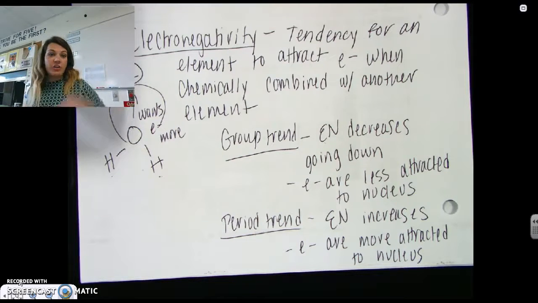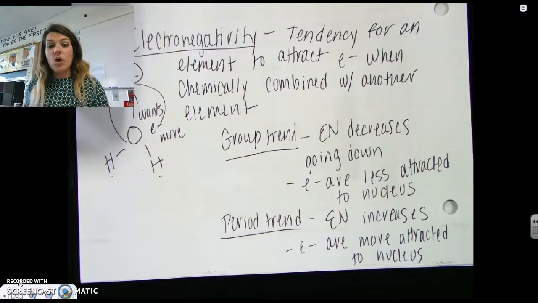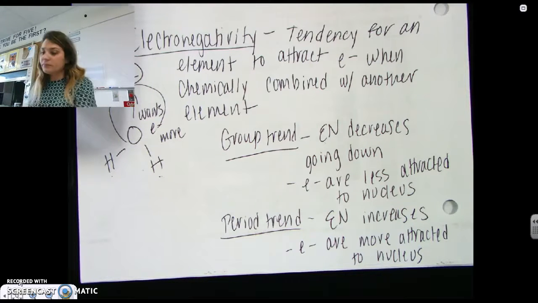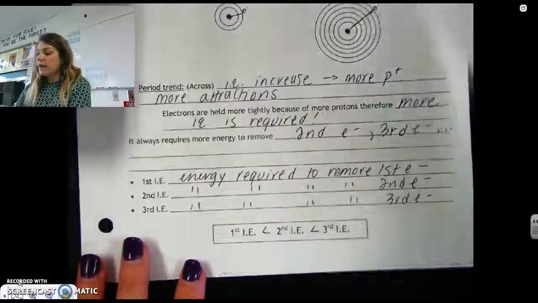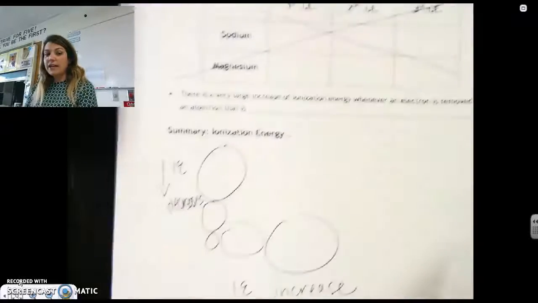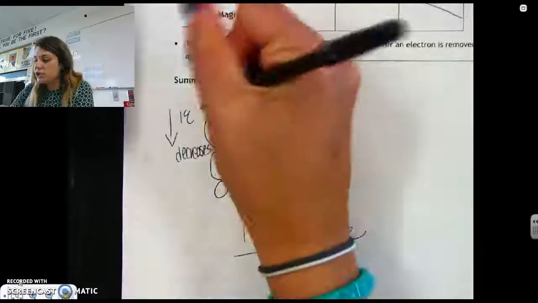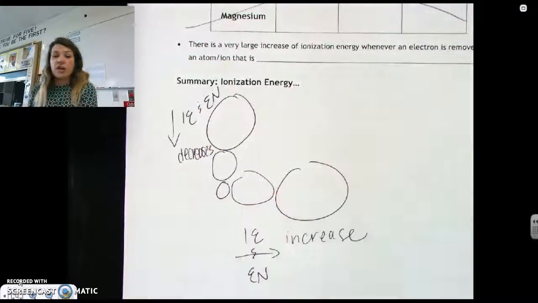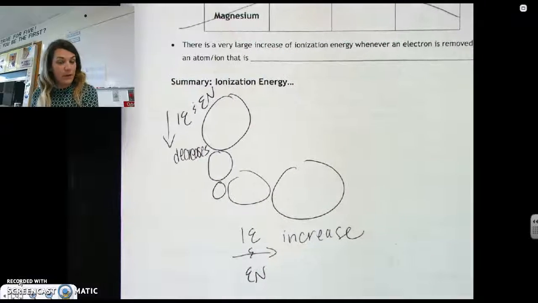Going across a period, electronegativity increases. Why? Because the electrons are more attracted to the nucleus because there are more protons per atom, okay? So if I go back to my ionization energy trend, I can just put ionization energy and electronegativity because the trend is the same, okay?